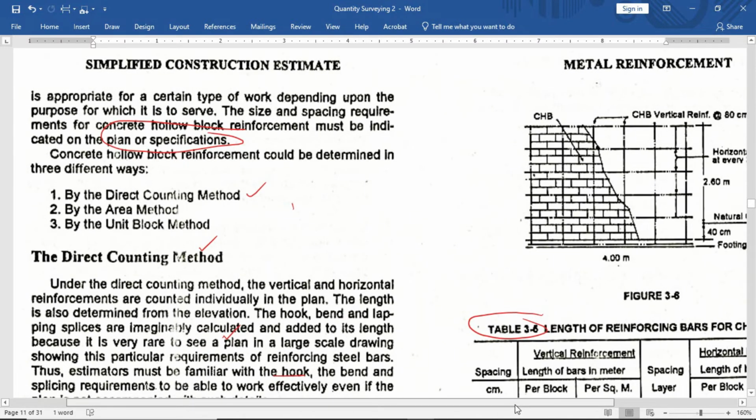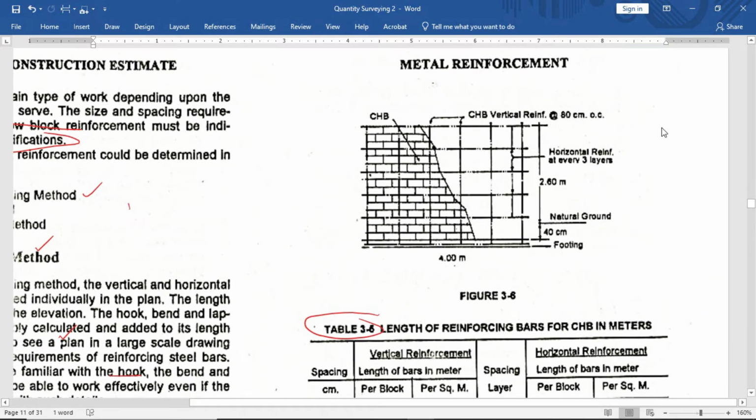For vertical reinforcement, space daw at 80 centimeters. Sa horizontal reinforcement naman, every 3 layers daw merong bakal. 1, 2, 3. So, tatlong layer ng hollow blocks may bakal. Tapos pagkatapos nyan, 1, 2, 3, may bakal ulit.